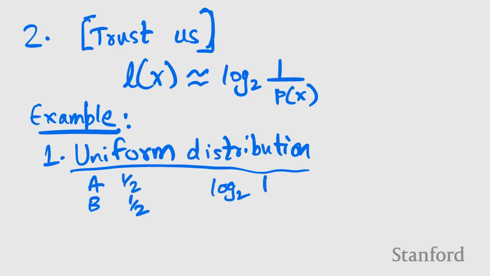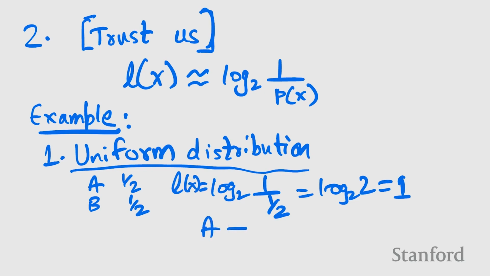Then log base 2 of 1 over half is log of 2, which is 1. So what we are saying is, a good code for this distribution where A and B have probability half each will have code word length 1 for both A and B. So like A going to 0, B going to 1, that's a good code under this criteria.